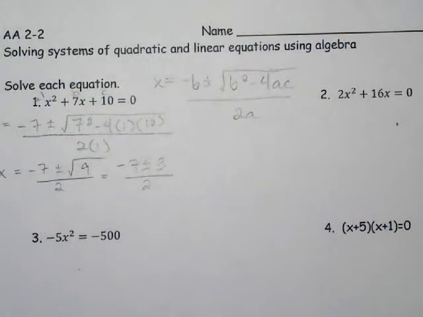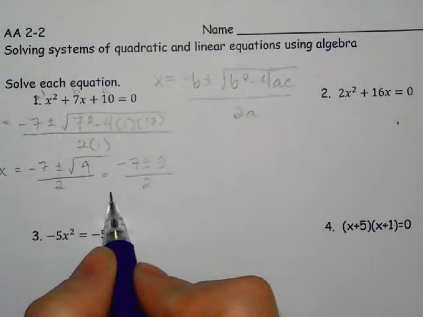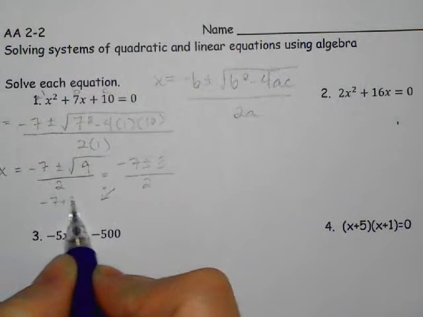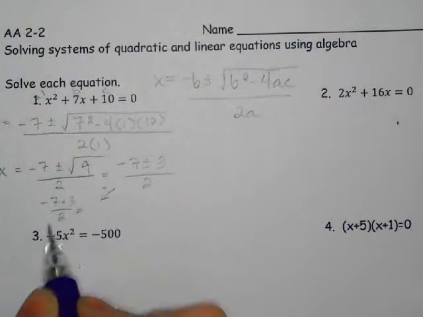All divided by 2. And then I'm going to split this because generally when we're solving a quadratic equation, we're looking for the x-intercepts, and most, but not all, parabolas have 2 x-intercepts. So we split this into the plus, negative 7 plus 3, divided by 2.